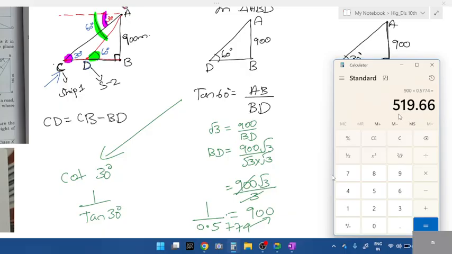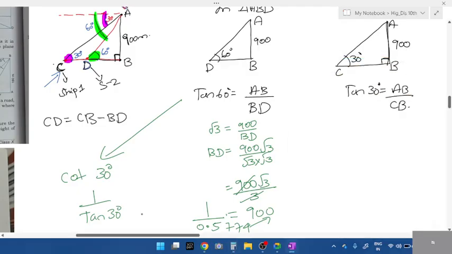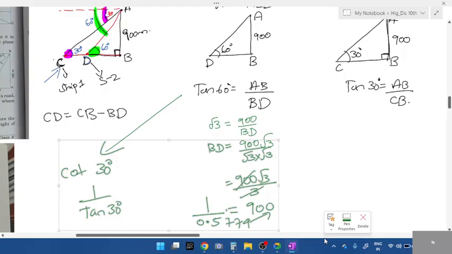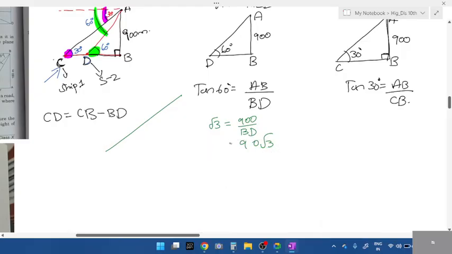Is it the same? 519.66. So you can even do it like this. Instead of converting tan, you could have used root 3. If you're finding it tough, you can convert tan 30 and use the table value 0.577. So I don't think the conversion is required here.